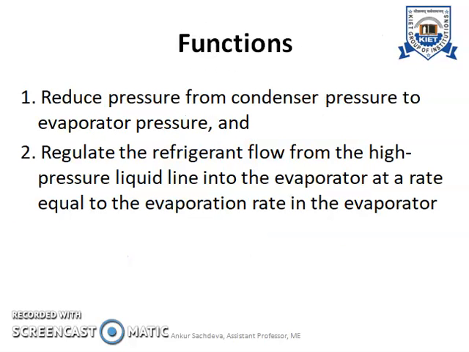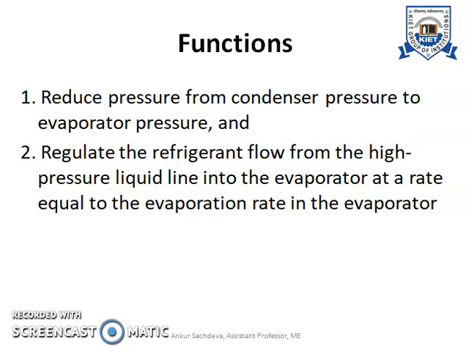Now the first and foremost function of the expansion device is to reduce the pressure of the refrigerant, which is at high pressure in the condenser, to the evaporator pressure, which is the pressure in the evaporator.